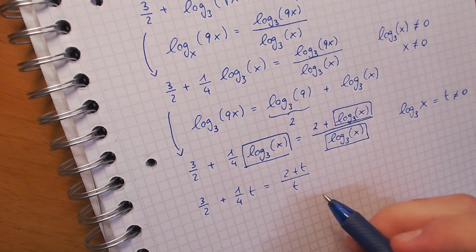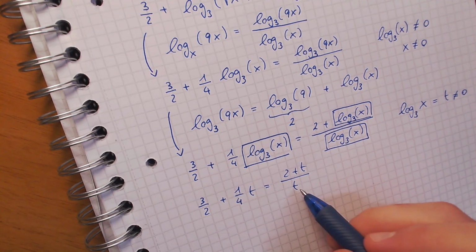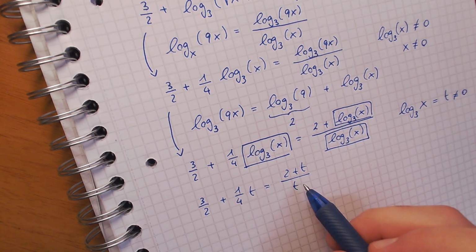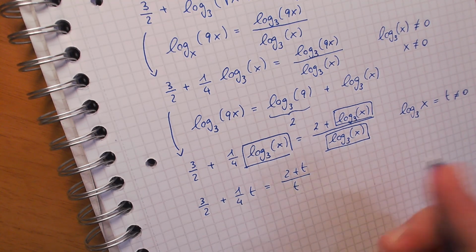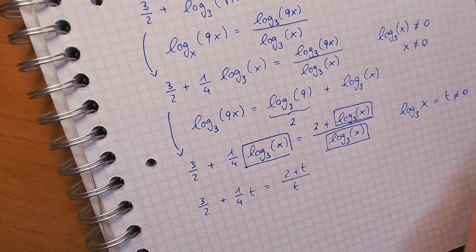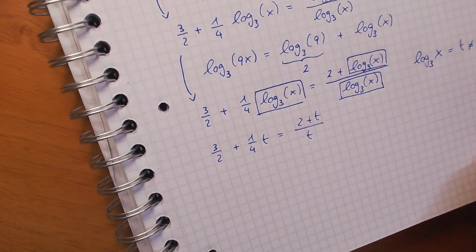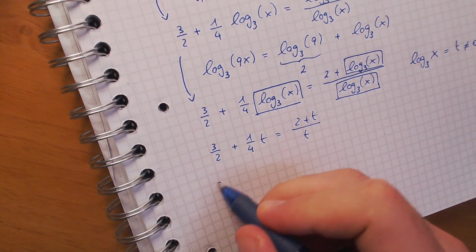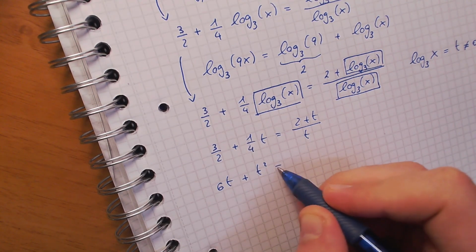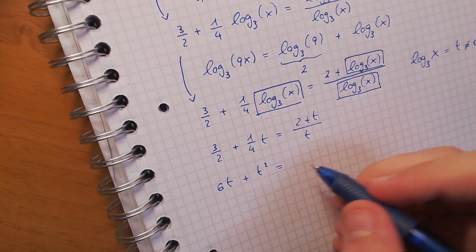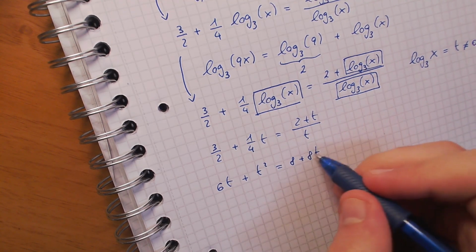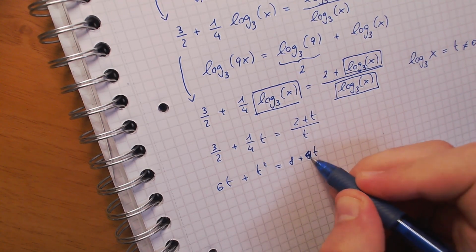And now, since t is different from 0, we can multiply the left side of the equation and the right side of the equation by t, and then maybe we can also multiply by 4 here. So if we do so, we get 6t plus t squared equal to 8 plus 8t plus 4t.